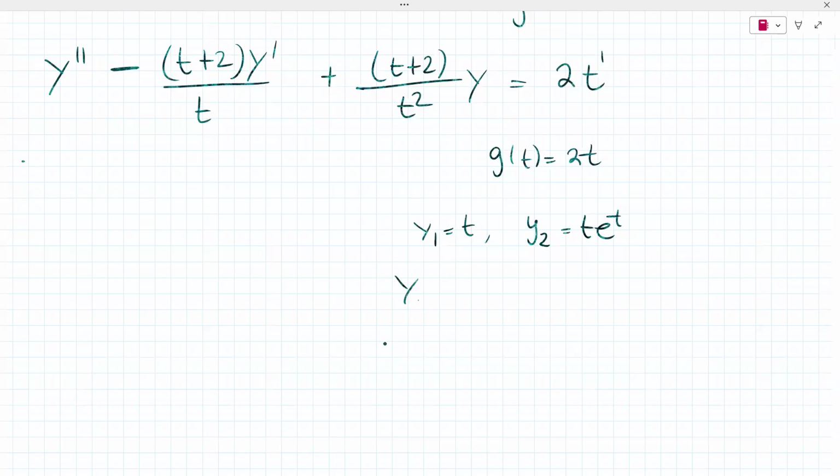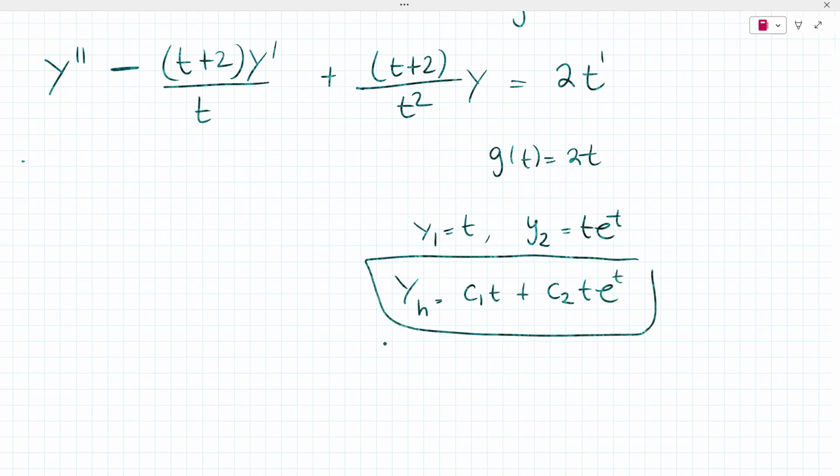And then my yh is c1 t plus c2 t e^t. And let's box it because we'll probably use that later. Or actually, let's circle everything. Go ahead and circle these because we'll probably use it.